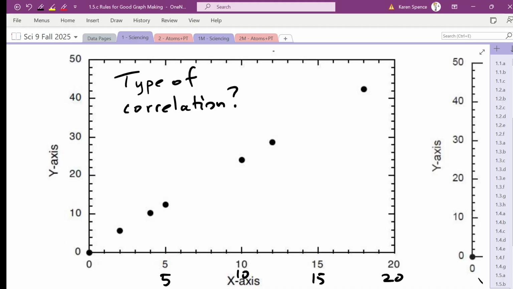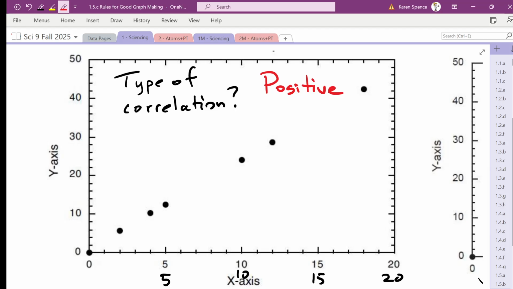Okay. First one goes to Kira. What kind of correlation do we have here? Yeah. Positive. But I got to make you a new card because I spelled your name wrong. I did them at the beginning of the year before I knew you so well.